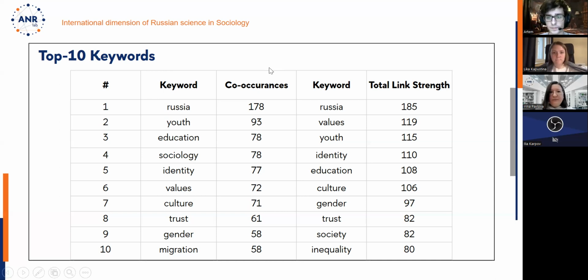So you see that inequality, the topic which is very popular in Western or international social science, is only at position 10, and is not represented in regards to co-occurrences at all. So this is also an interesting result. So please go to the next slide.